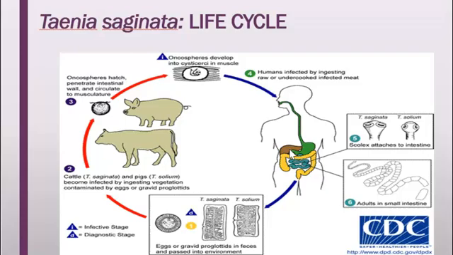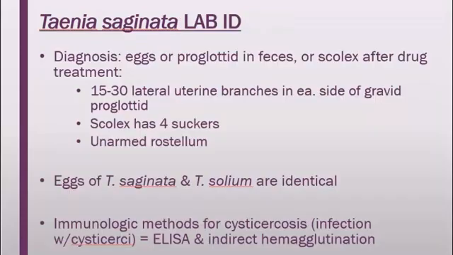As far as lab ID for Taenia saginata, the diagnosis, we usually see the eggs or proglottids in feces, but after treatment, you might see the scolex or the head in feces, where the head has released from the intestinal wall and it's passed in the stool sample.